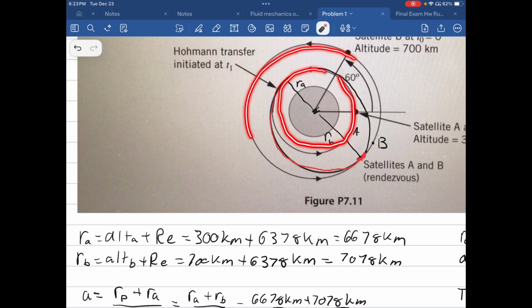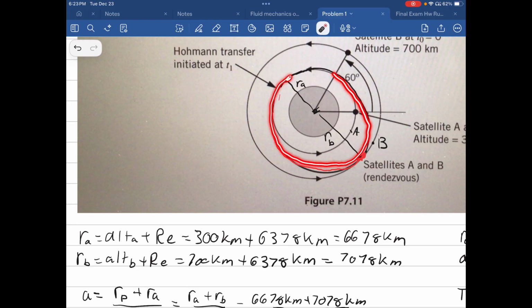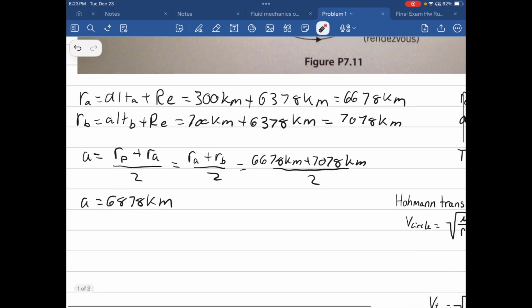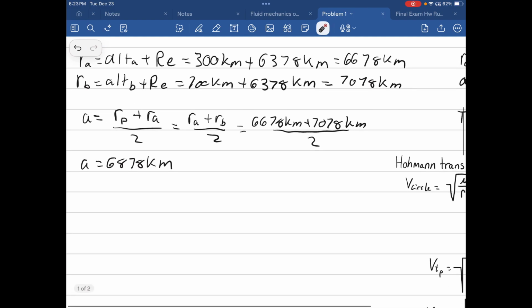All right. Now, if we want to know the time that it takes to go from this orbit here to this orbit here, we have to find the transfer time. And so we know that this elliptical orbit here is going to have a period of T, and since we're making 1/2 of our orbit here, the transfer time is going to be 1/2 of the period.